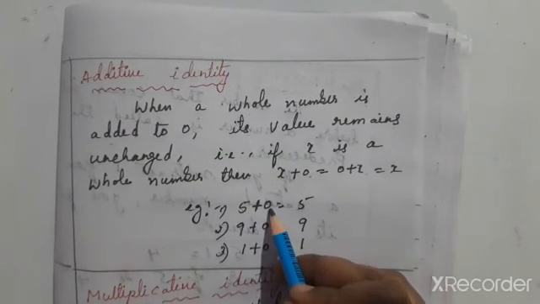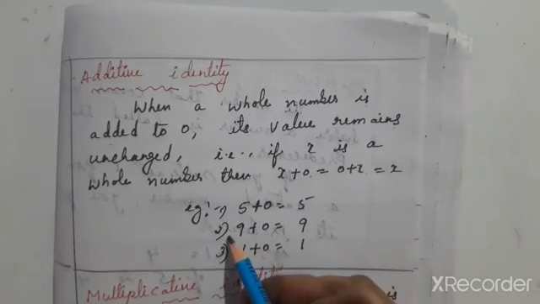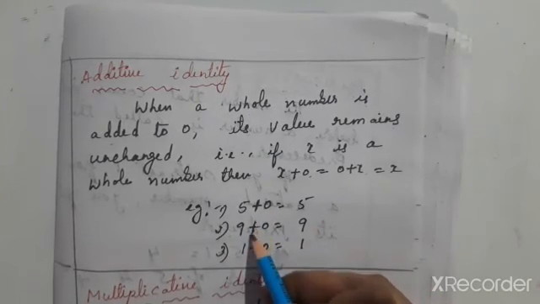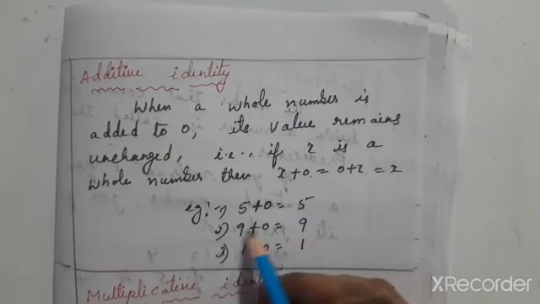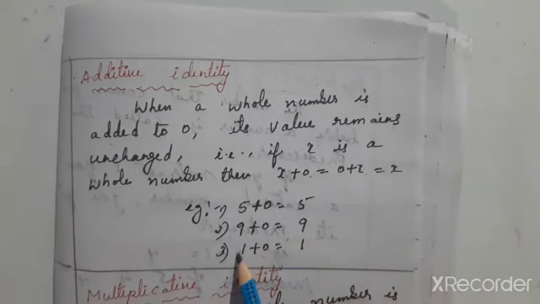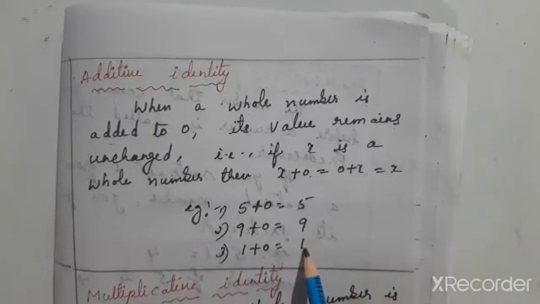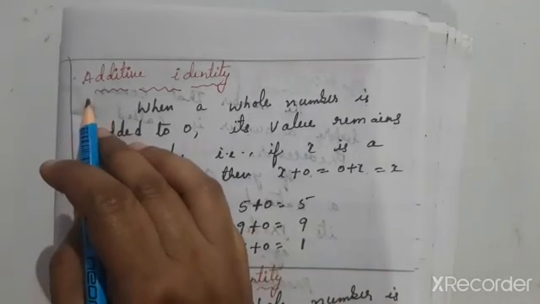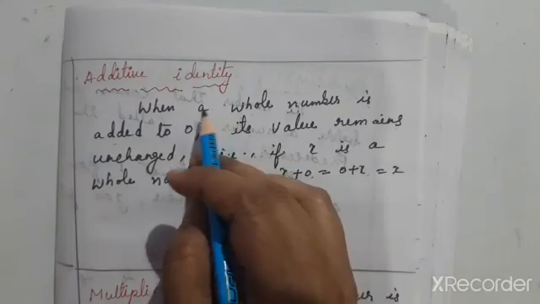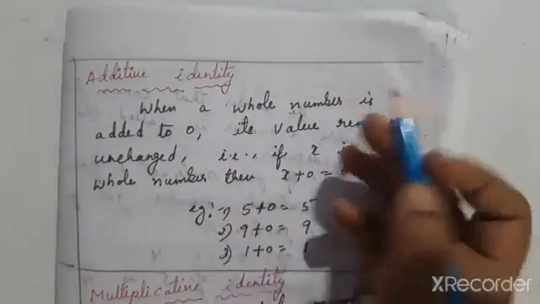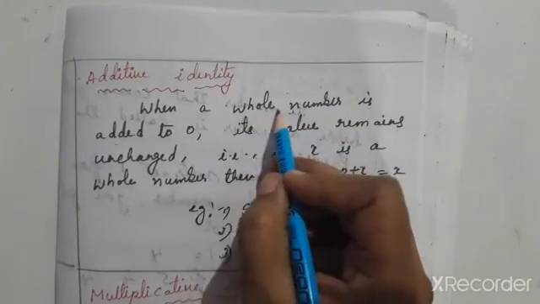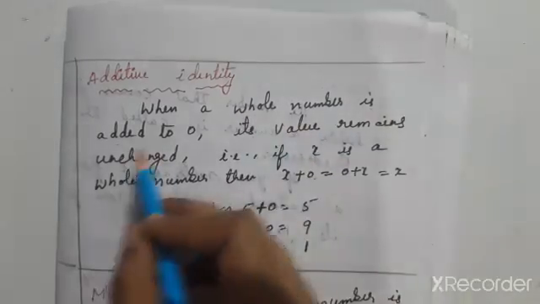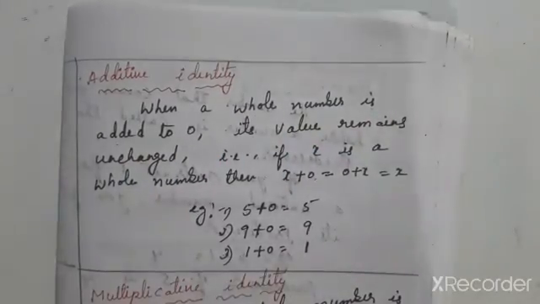So 5 only. 9 plus 0 means 9 only. 1 plus 0 money means 1 rupee. So if any number is added with 0, it is the number itself.